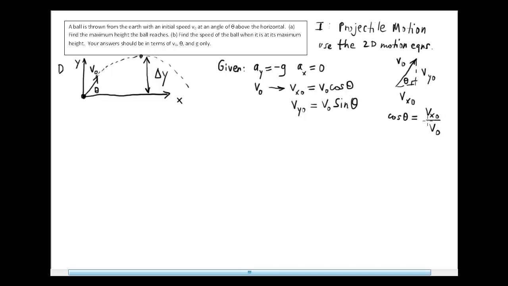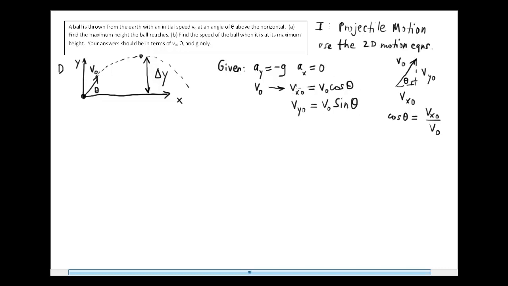With that ratio, if I simply multiply both sides by v0, I'm solving for vx0, and it gives me the equation here. vx0 is v0 cosine theta. So if it's easier for you to start with the trig function and then use that to solve for the component, that's fine. But once you do this kind of problem several times, you will quickly be able to just write down these initial components.